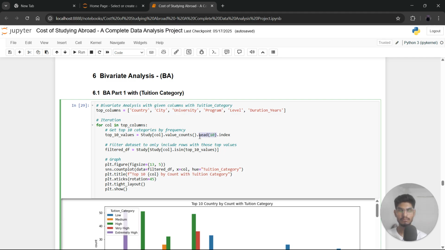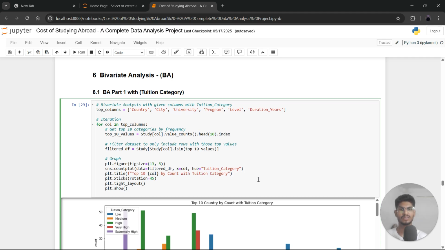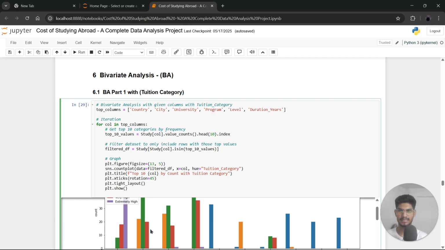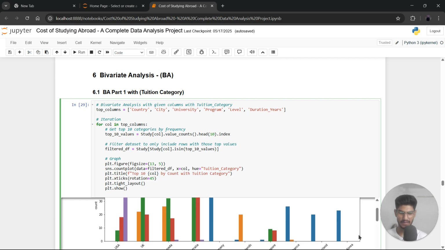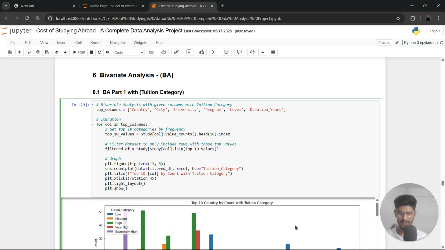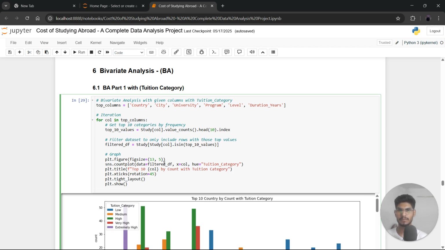Because we have around 100 something countries, so it will be very difficult to represent 100 plus countries here. That's why I am using only the top 10 countries which offer the most programs, or are the most in the data set.